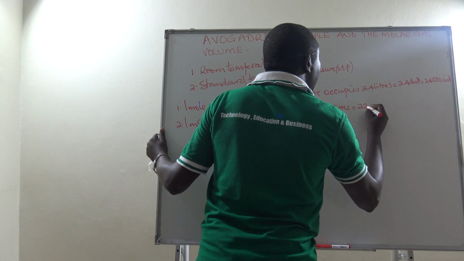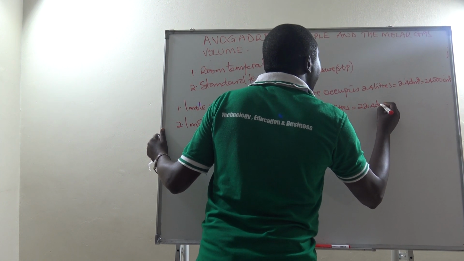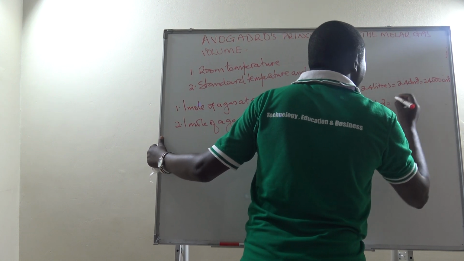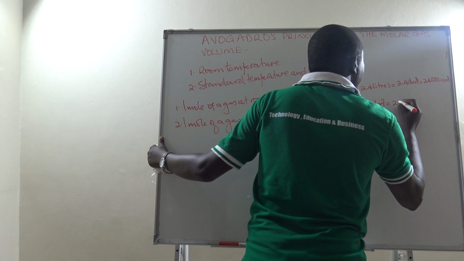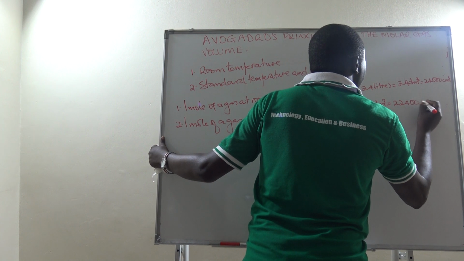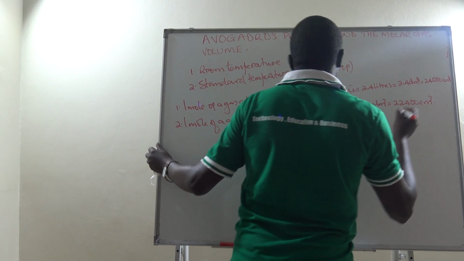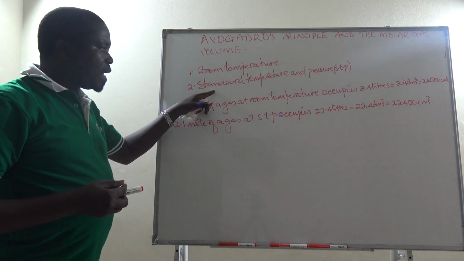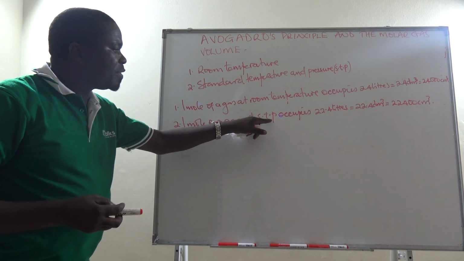So it is also 22.4 cubic decimeters, and multiplying by 1000 to get cubic centimeters, it will be 22,400 cubic centimeters.